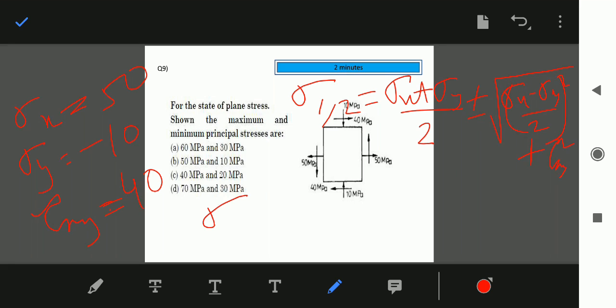On solving you will get sigma 1 comma 2 as 20 plus minus 50, or 70 comma minus 30. But we don't have to consider the negative sign; negative means compression, positive means tension. So irrespective of the negative sign, option D will be correct, that is 70 megapascal and 30 megapascal.